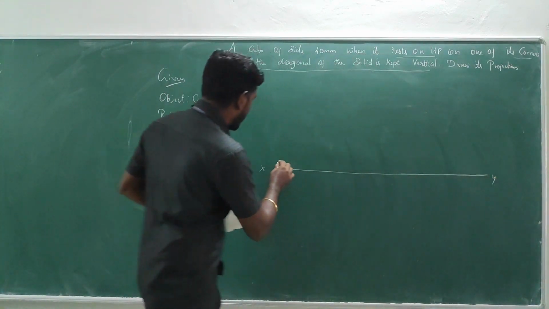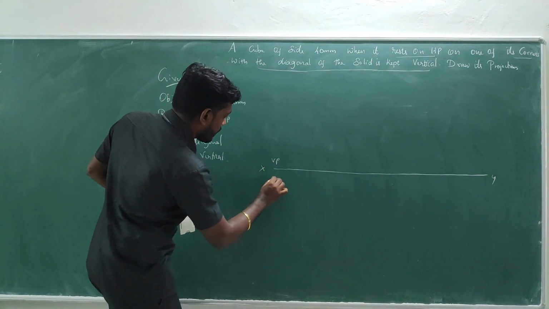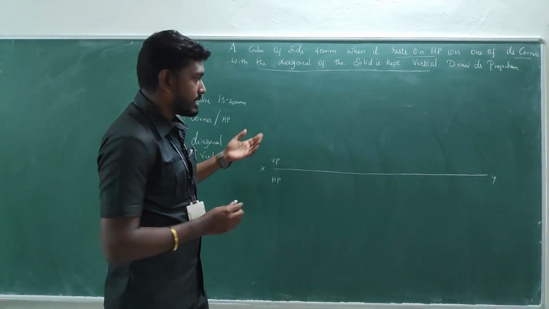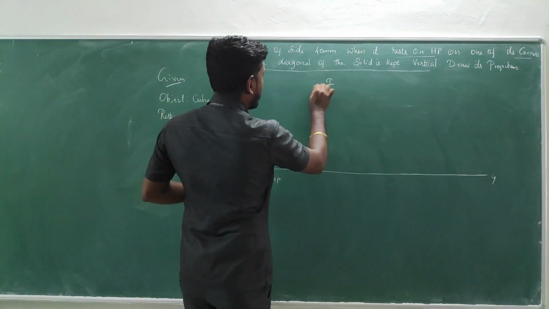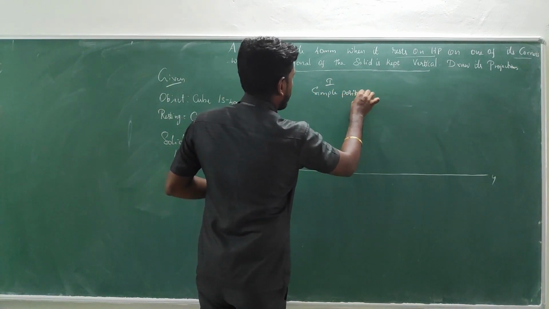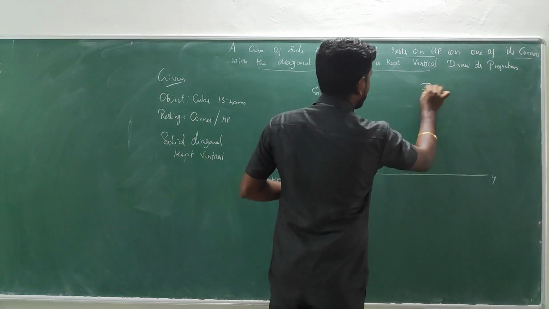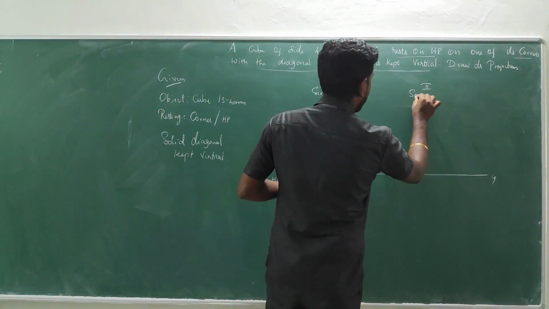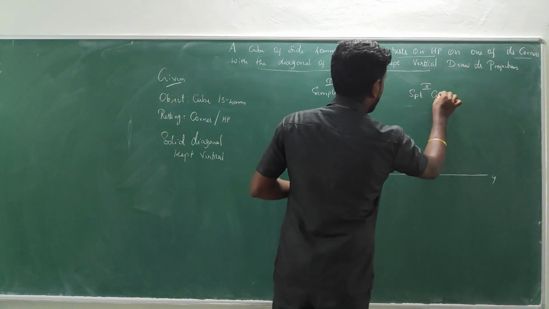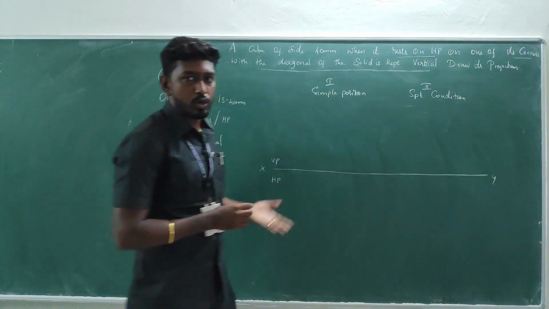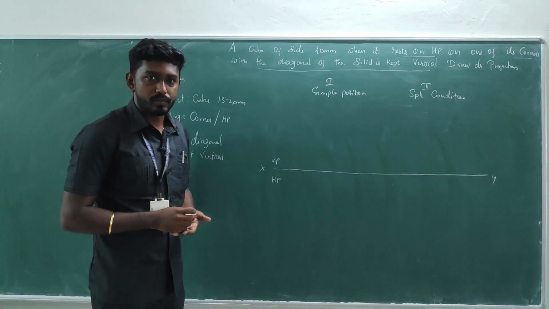One is a simple position and another one is a special condition or else axis inclination. So here the first stage is the simple position, and in the second stage there is no axis inclination but we have the special condition. That special condition we are going to show in the second stage. Okay, fine.